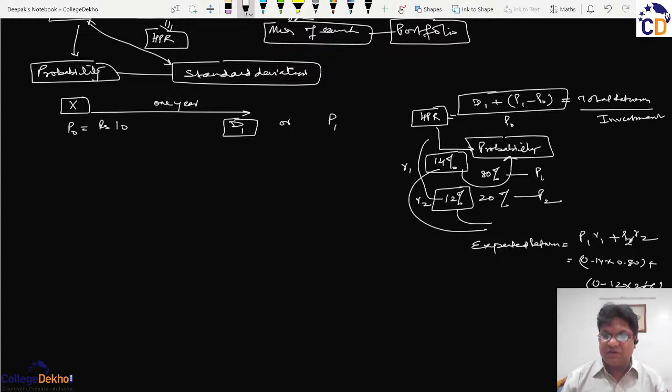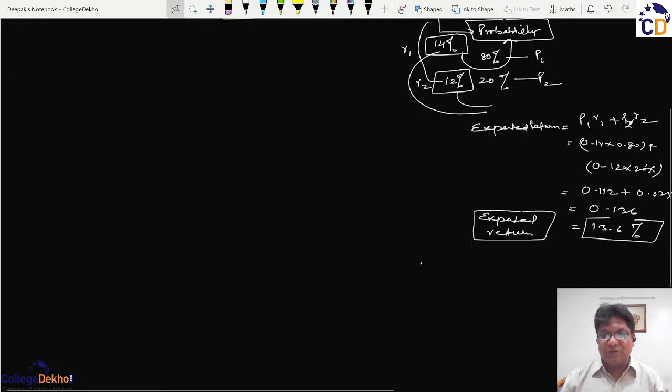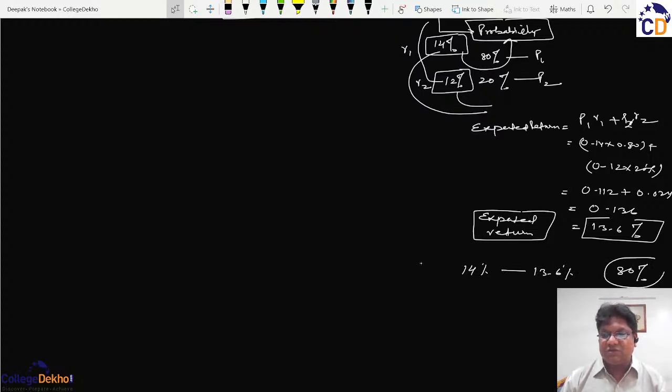So this basically denotes an expected return after covering for the probability. We can say that you anticipate 14%, but you may get 13.6%. That is, you may receive less, and there is an 80% chance of this.